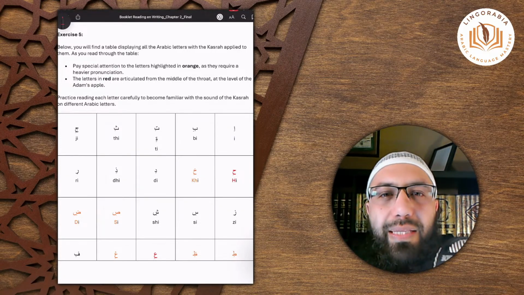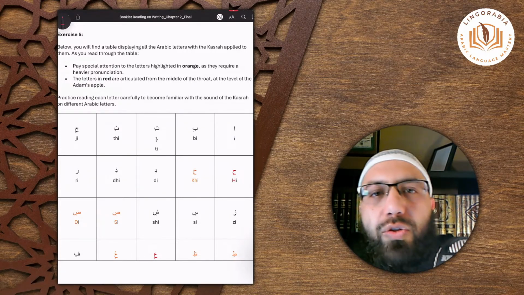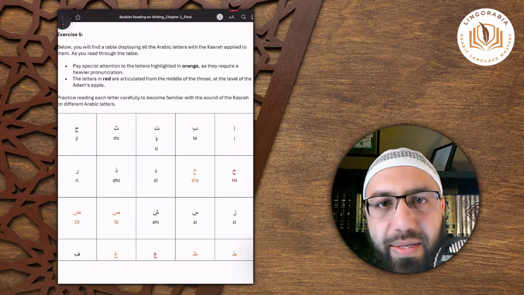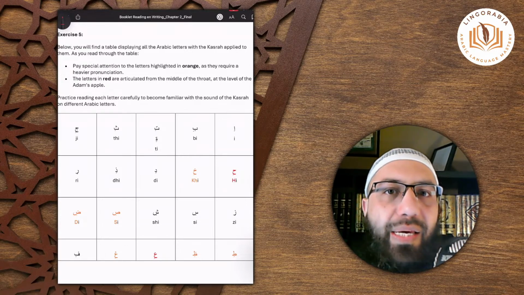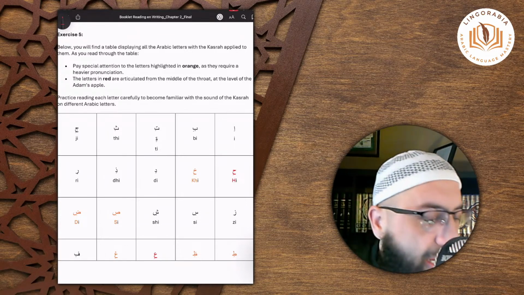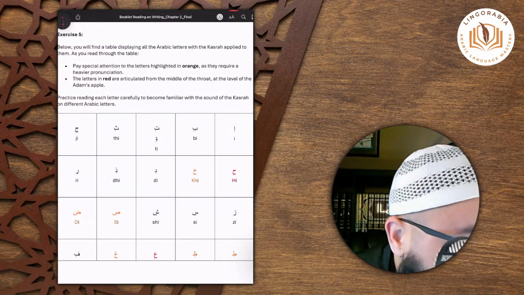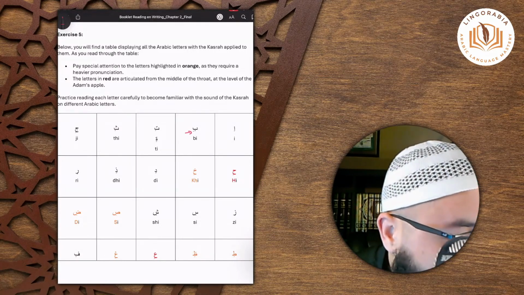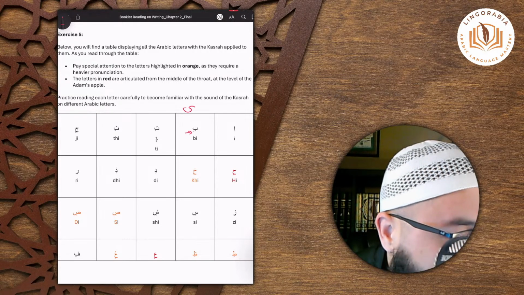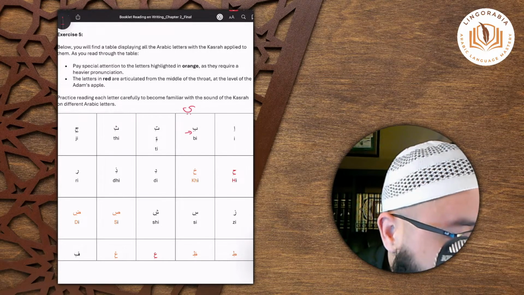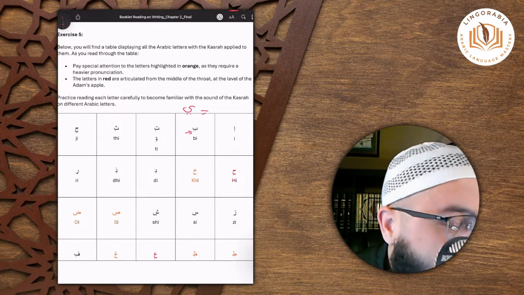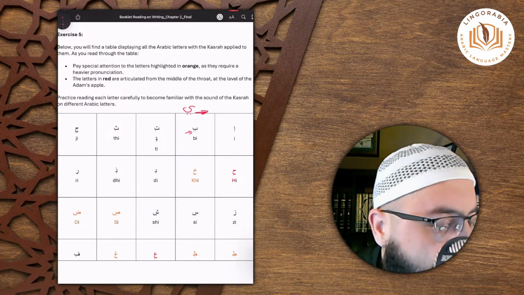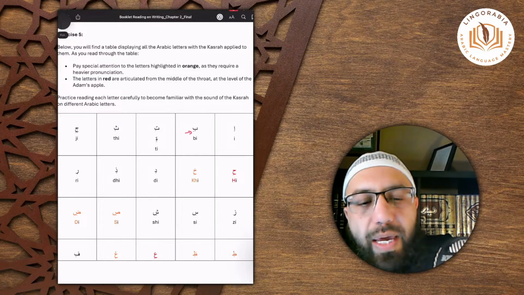So you take the E sound together with the letter, and it will become B, T, Th. Okay, and these small vowels are derived from certain letters. So this is derived from the letter ya, the kasra. It is taken from the letter ya, so that's why it makes an E sound.